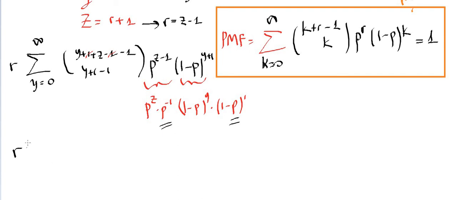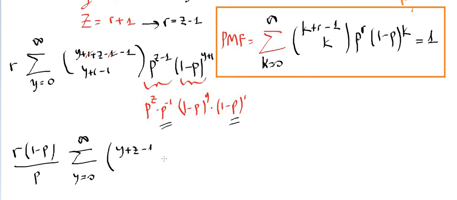So we have r times (1 minus p over p) to the negative 1, which is 1 over p, times the sum over y from 0 to infinity of (y plus r minus 1 choose y) p to the r, (1 minus p) to the y.